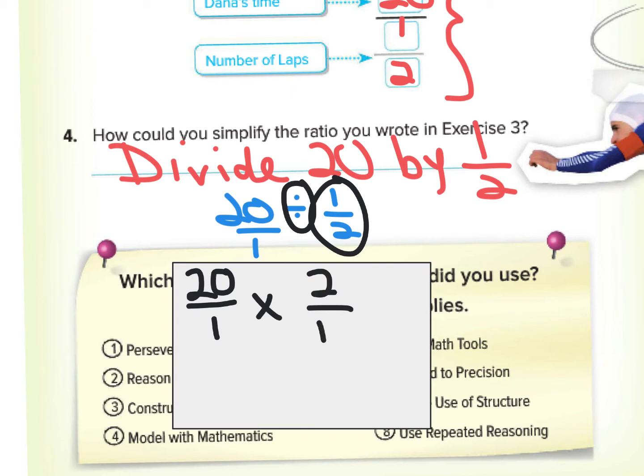Okay? And then we just multiply numerator with numerator, so it would be 20 times 2, which is 40, and 1 times 1, which is 1. And 40 divided by 1 is just simply 40. So you can see that we would have our unit rate again, 40 seconds per lap. Okay?